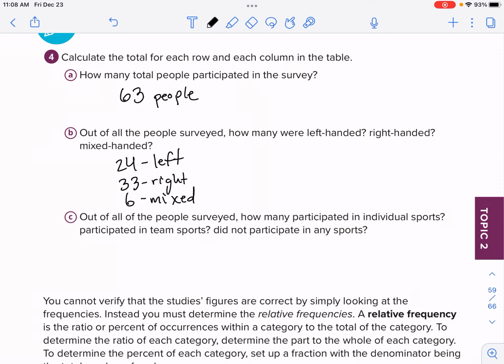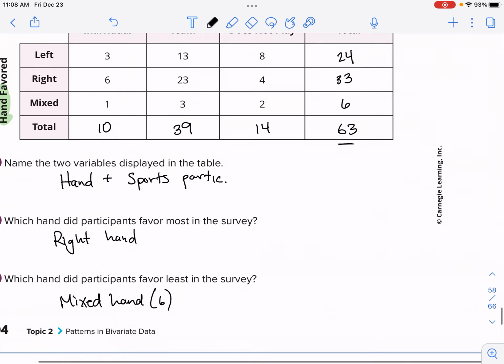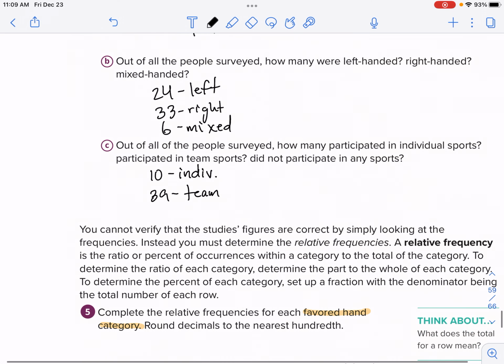And then now talking about sports, out of all the people surveyed, how many participated in individual sports, team sports, or did not? There was 10 that participated in individual. There was 39 that participated in team sports. And then there was, I think it was 14 that did not, we'll just put no, that did not participate in any sports.